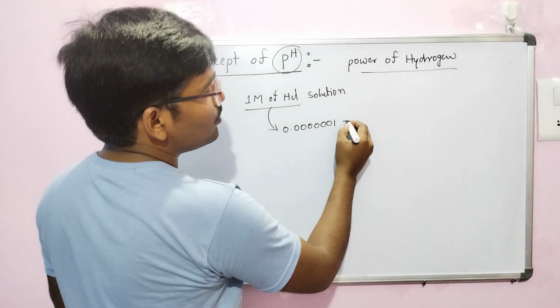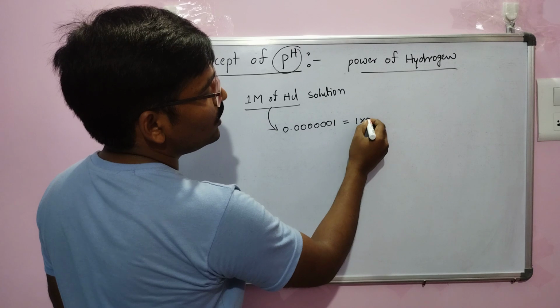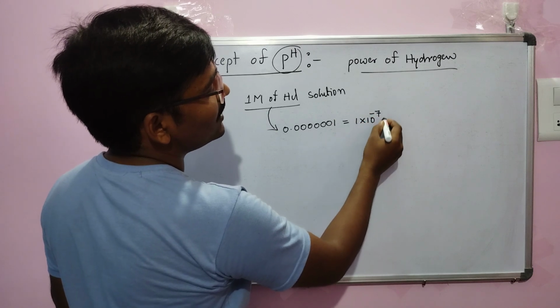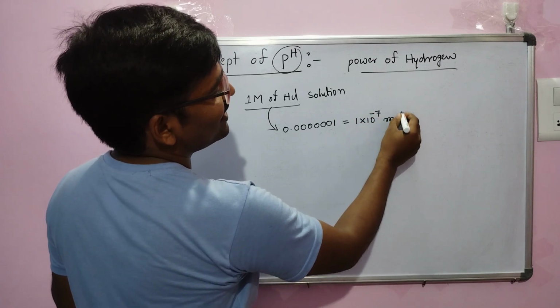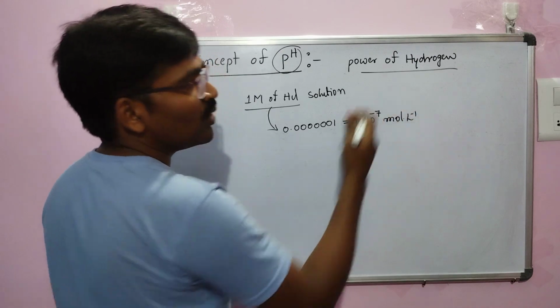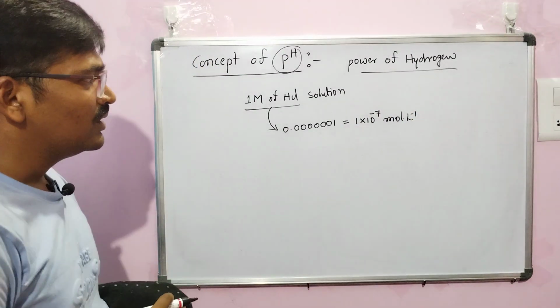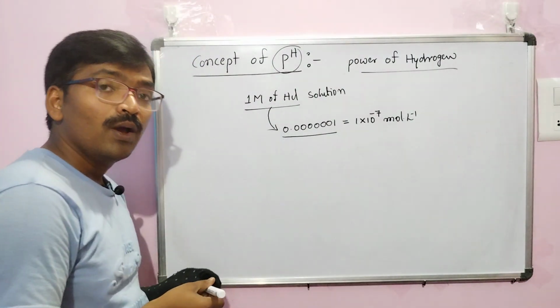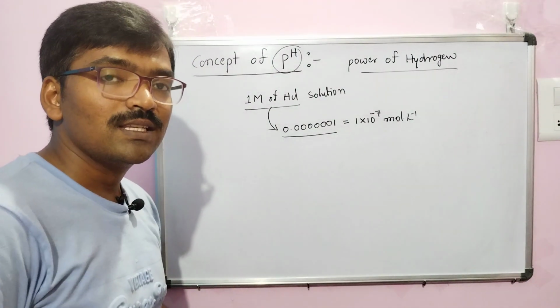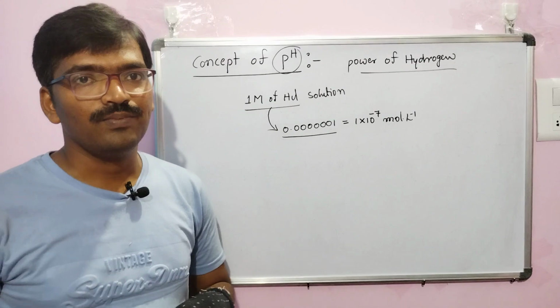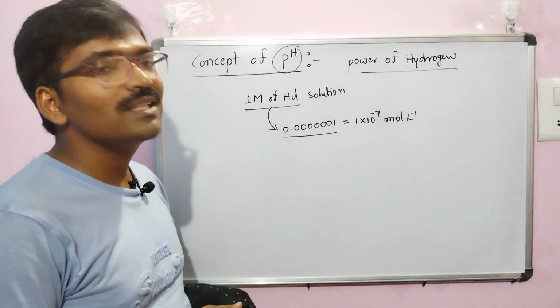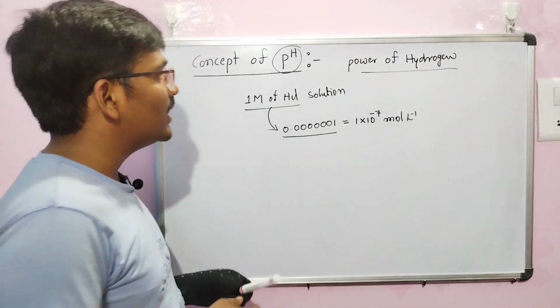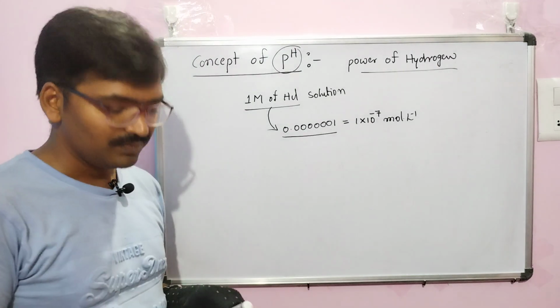We can express that molarity as 1 into 10 to the power of minus 7 mol per liter. Such solutions are better expressed in negative logarithms. That is why we are discussing this.